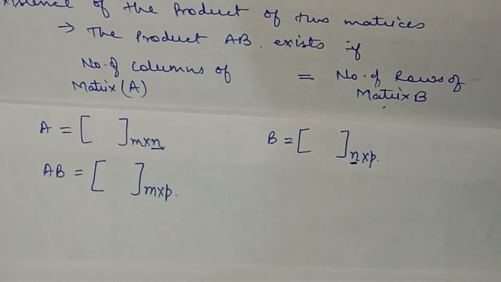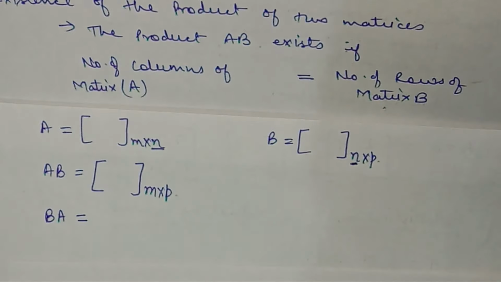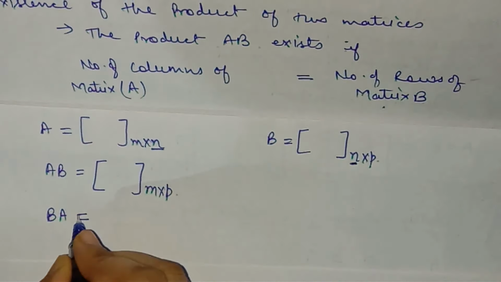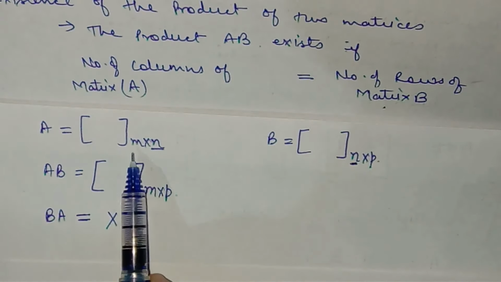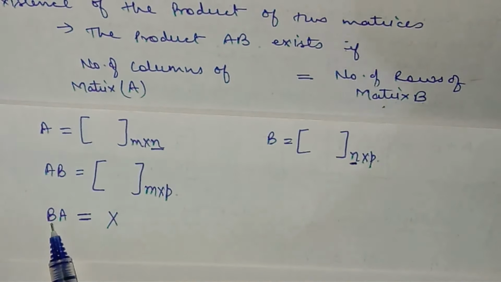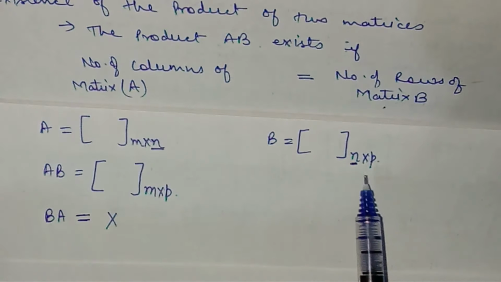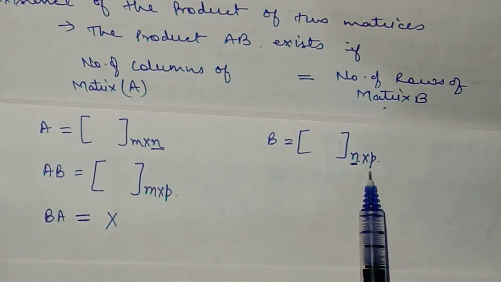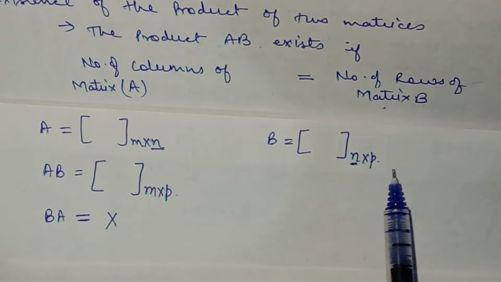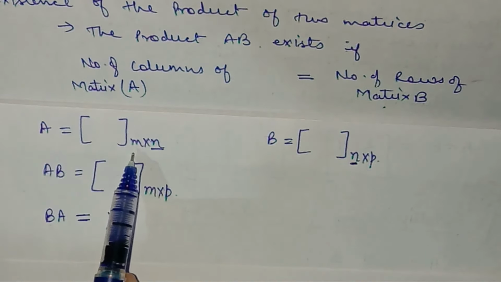In the same case, if we want to find B into A, we will not be able to, because in this case the first matrix is matrix B and the number of columns of the first matrix is P, which should equal the number of rows of the second matrix. The second matrix now is A, and its number of rows is n.